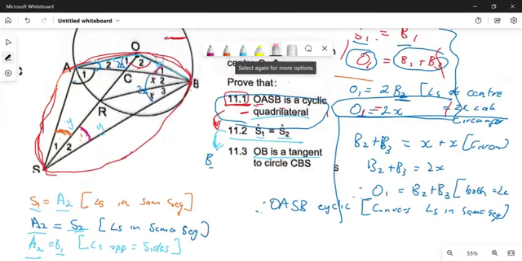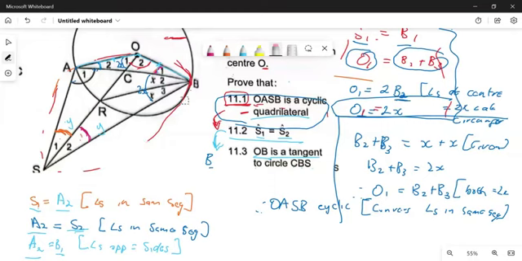Let's erase some of these things here. We know that here we have a circle. And now we need OB, so I'm just going to erase the radius. So here we have OB, and they're saying we should prove that OB is a tangent to CBS.